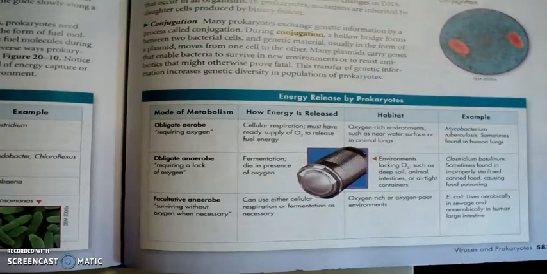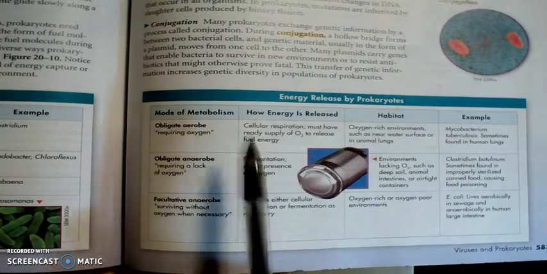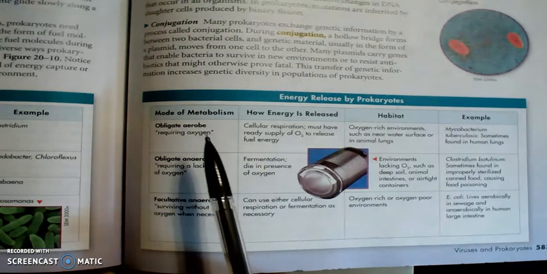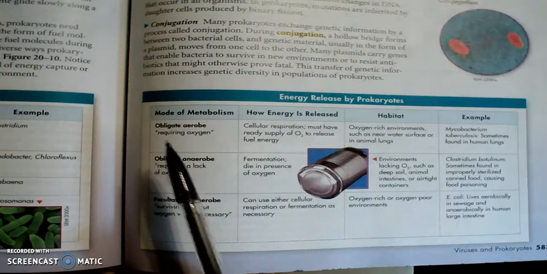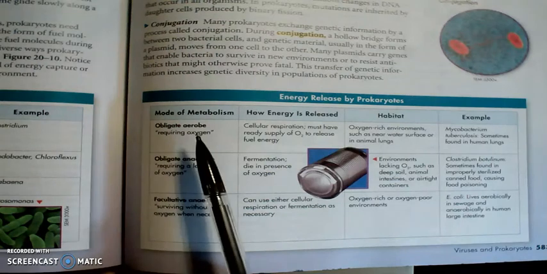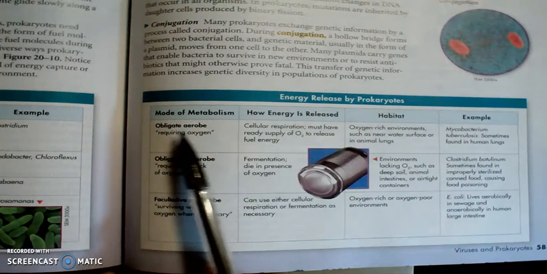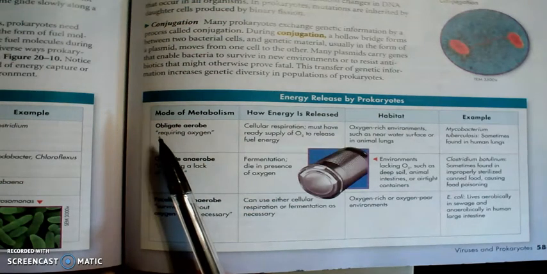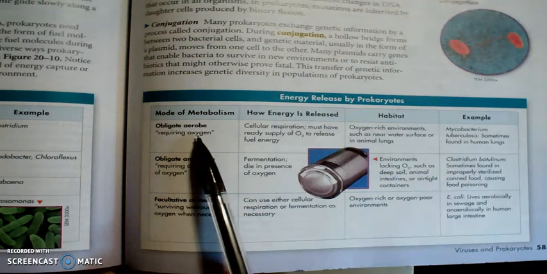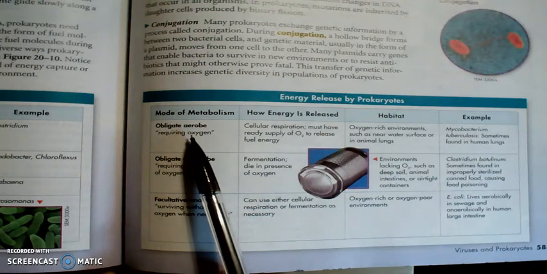Having looked at how prokaryotes capture energy, let's look at how prokaryotes release their energy. So energy release, this is the chart on page 583 in the Bird Book. Obligate aerobes. Now, anytime you see the word aerobe, you're going to think living with oxygen. Well, obligate means they are required to have oxygen. So if an obligate aerobe is in an environment where there is no oxygen, they will die.